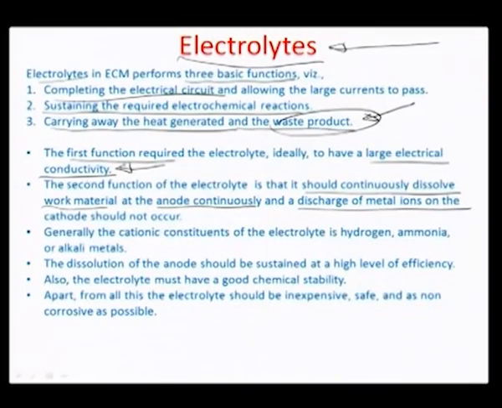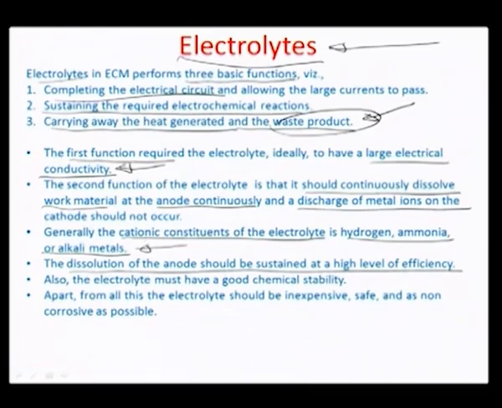So the dissolution of the anode should be sustained at a high level of efficiency by the electrolyte, and there are some other cationic constituents of the electrolyte like hydrogen, ammonia, or alkali metals, which should be part of the regular process of the electrolyte.